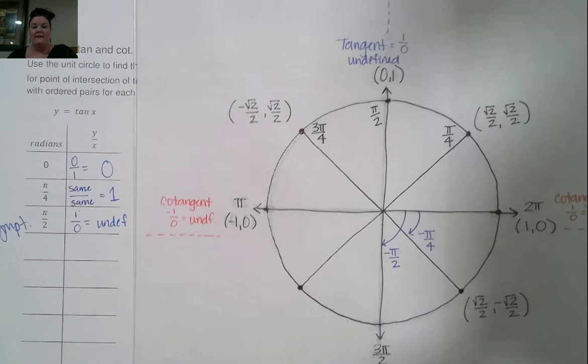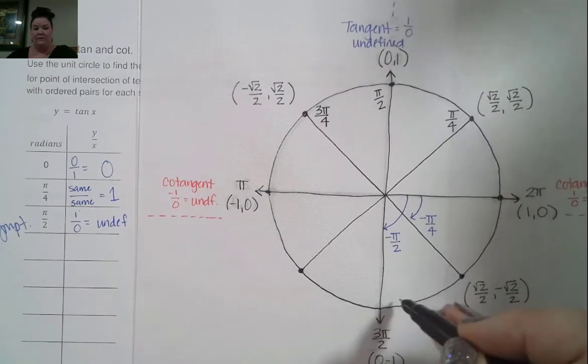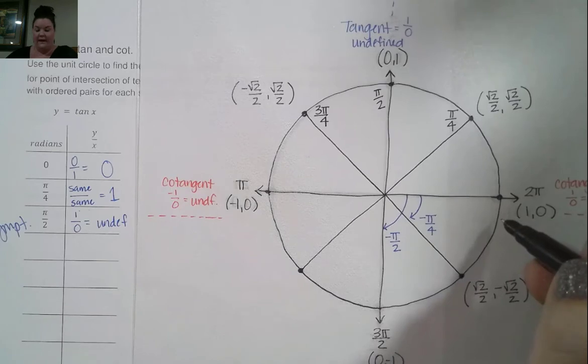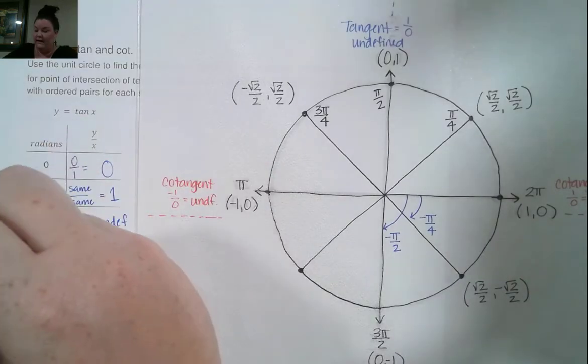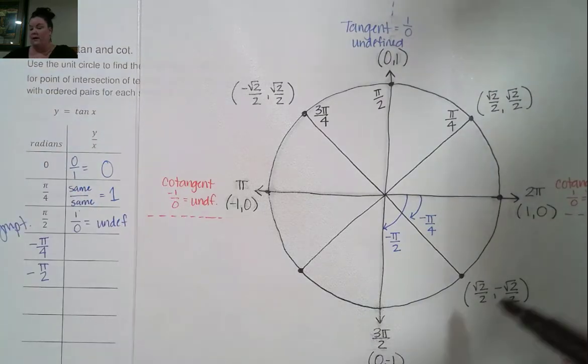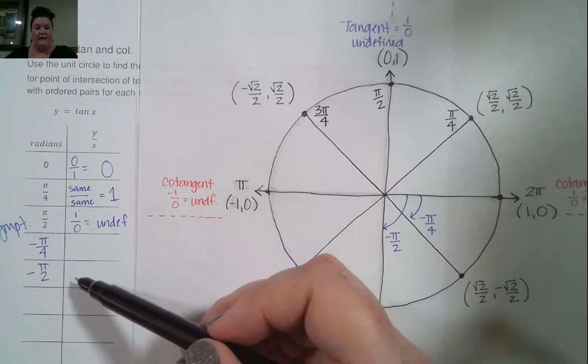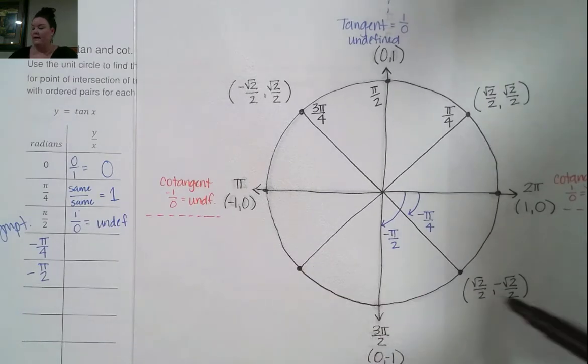All right, and then I still need this other half of my rotation here. So I'm going to go ahead and just label this negative pi over 4 and negative pi over 2, okay? And then if I look at what values I would get for their tangent values, here, again, I'm dividing the same number by the same number, but the y one is negative.